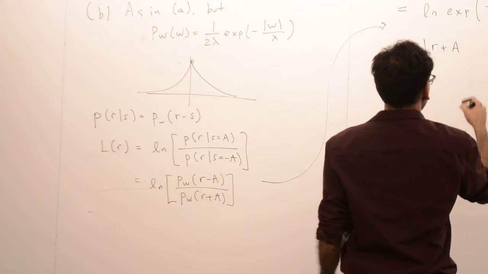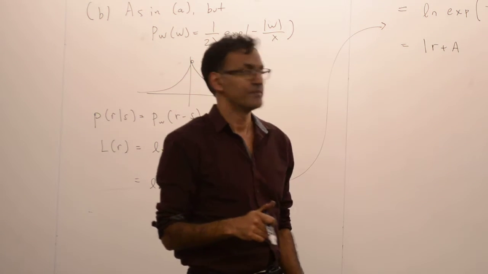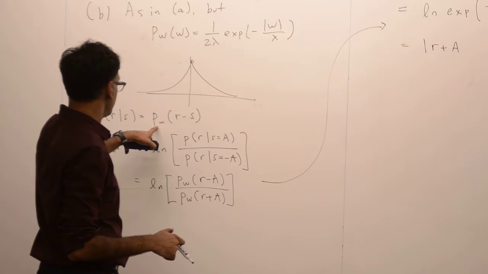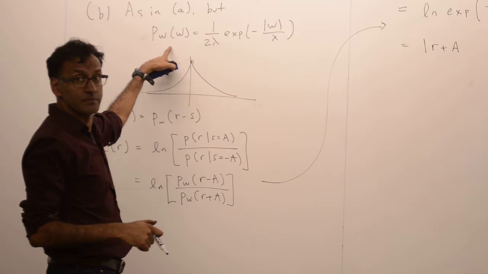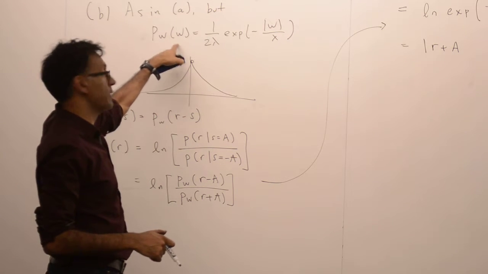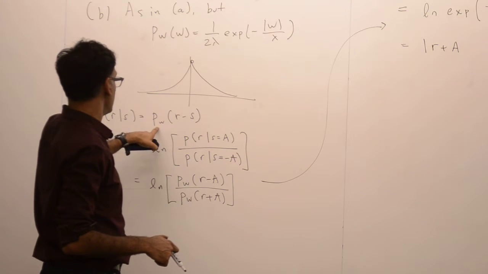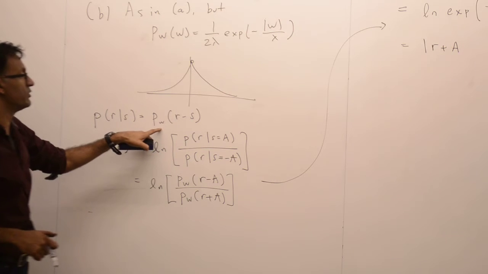Sandeep? Yeah. P of R given S equals P sub W. That's given, right? This one's given, so we don't have to know that. No, not that one, the formula down here. Oh, this one you should know how to do.